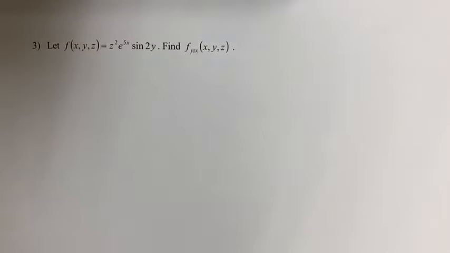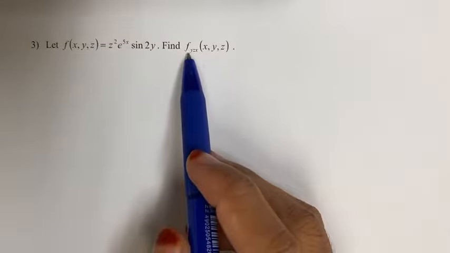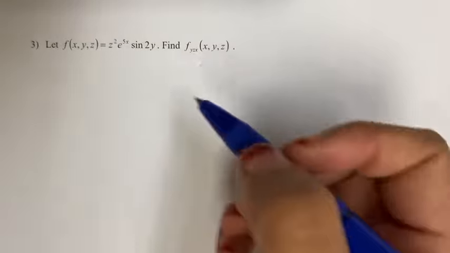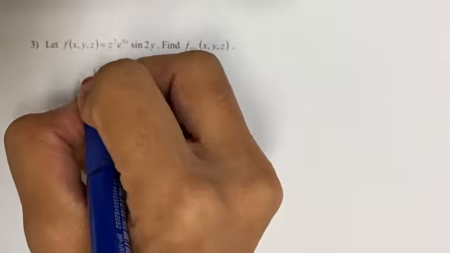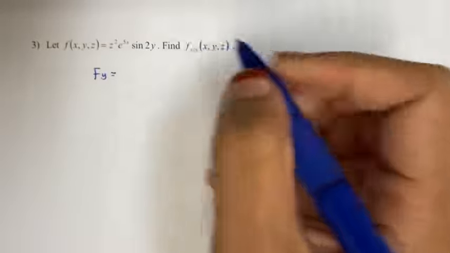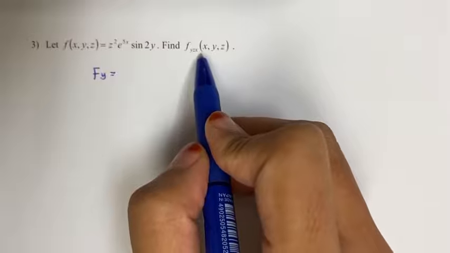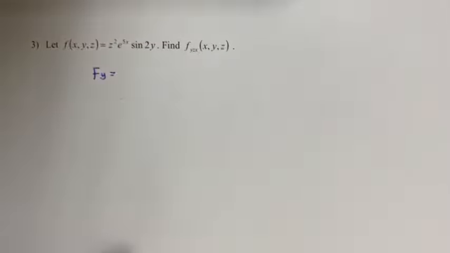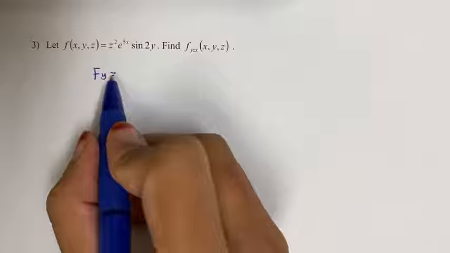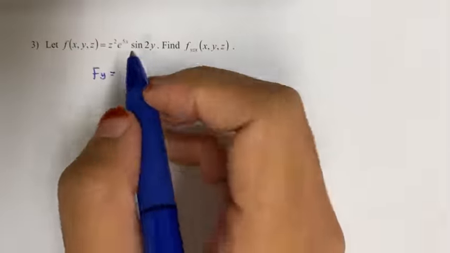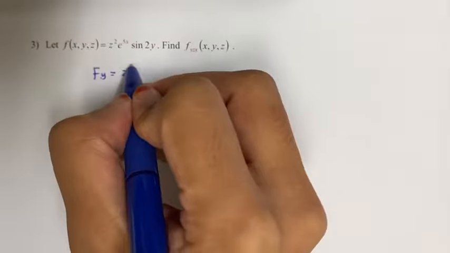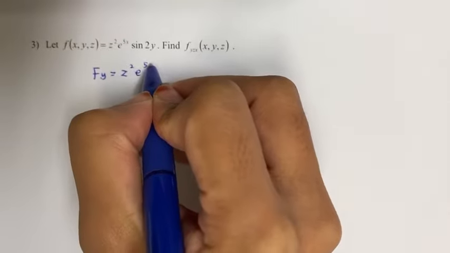One example for higher order partial derivative, we try to solve for the third order partial derivative. Find fyzx. Okay, so we start with finding fy, because we have yzx. So for fy, remain the z and the x.